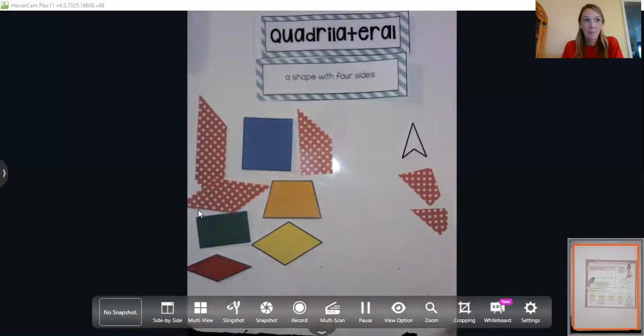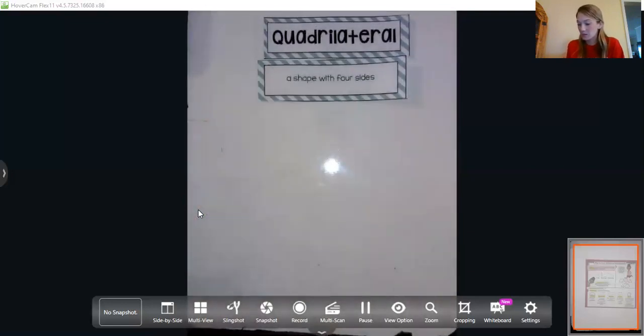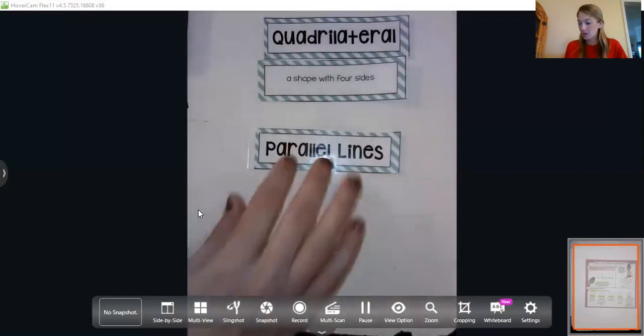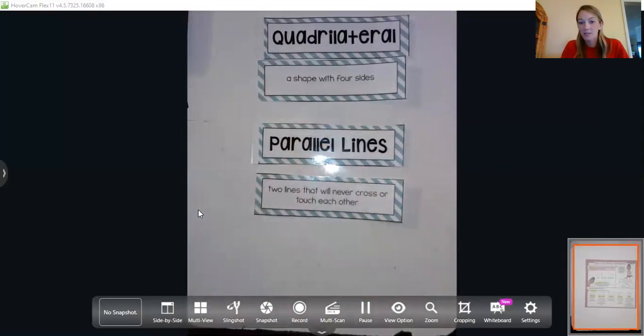So now we're going to talk about a few words that you should be familiar with already, because we have talked about these before. One word is parallel lines, okay? Parallel lines are 2 lines that will never cross or touch each other.